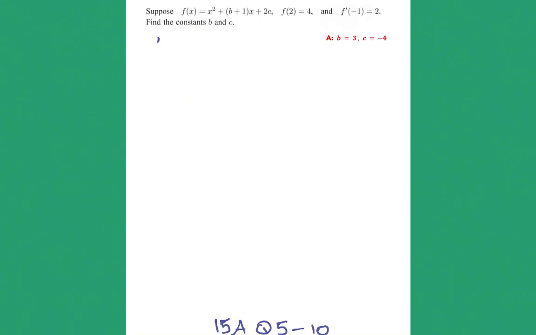All right, a little bit of a different question. We need to find f dash x, so that equals 2x plus b plus 1. And we're looking for the constants b and c, but we're going to need to use the information that we've got about f dash of negative 1 equals 2 and f of 2 equals 4.